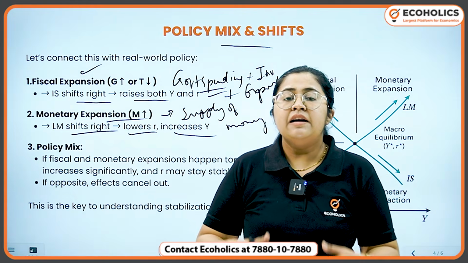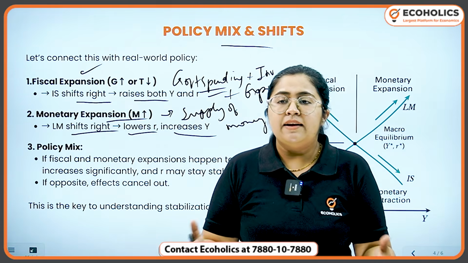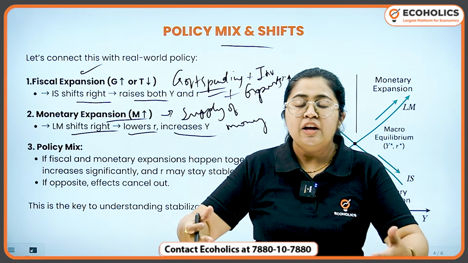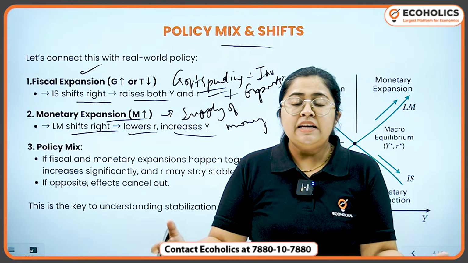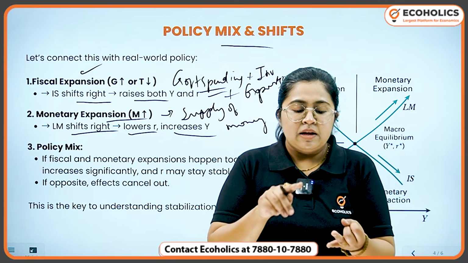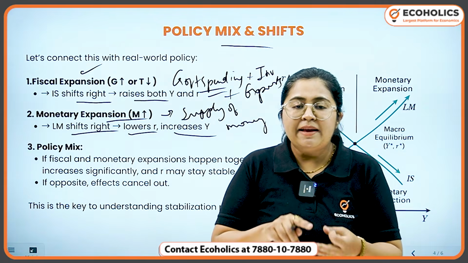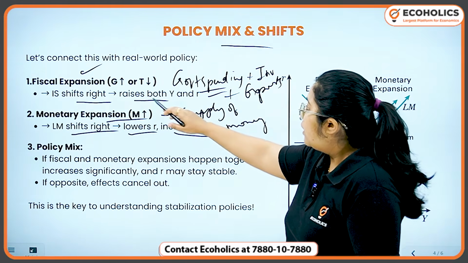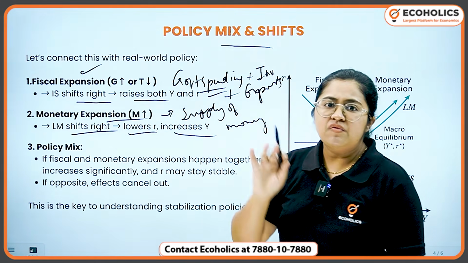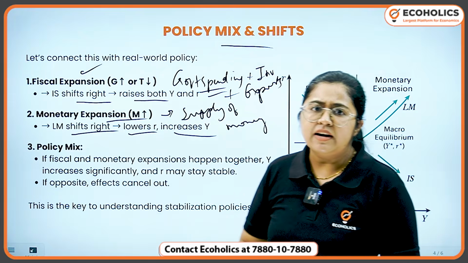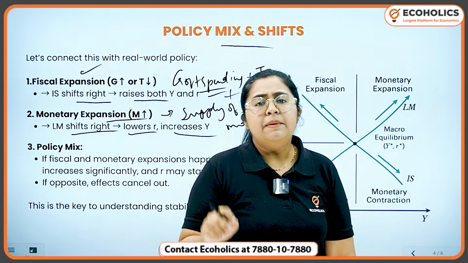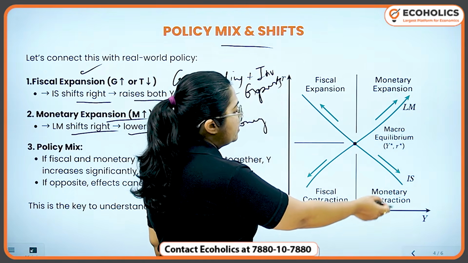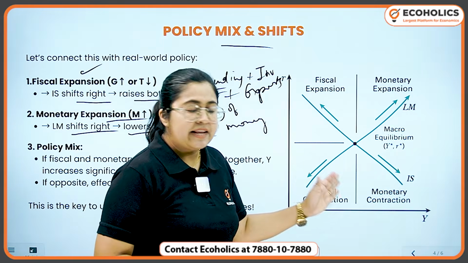So it means that the central bank of the economy is actually trying to provide money so that it can be spent by the investors, by people, by consumers, right, and which is why the rates are lowered, right. So this policy mix is very, very crucial for attempting any competitive examination, okay. Here you can see how fiscal expansion and monetary expansion take place.